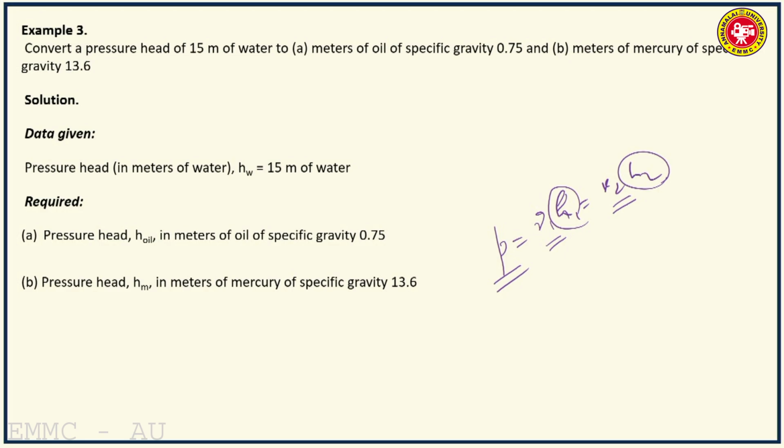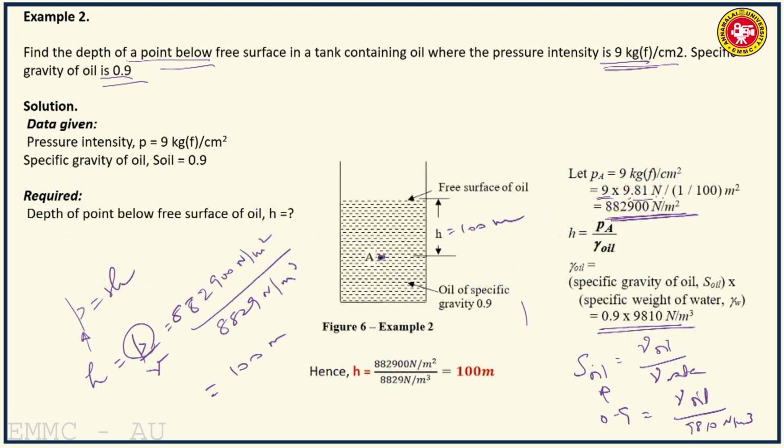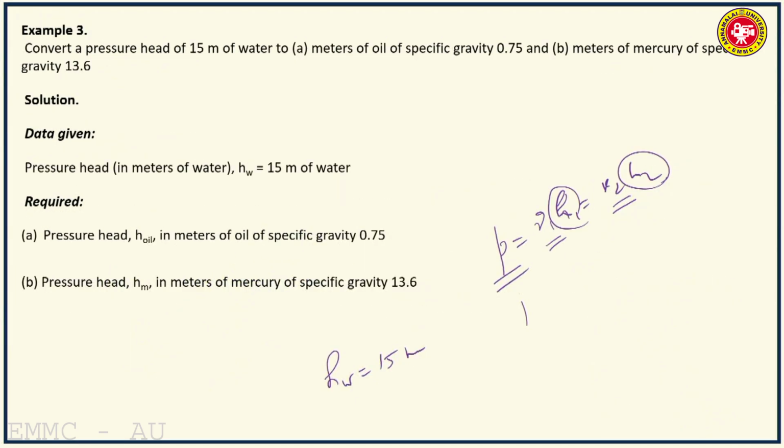So, I have say HW equal to 15 meters of water. I have to convert this to meters of oil using specific gravity. So, we can also use P is equal to S1 into gamma W into H1 is equal to S2 into gamma W into H2.